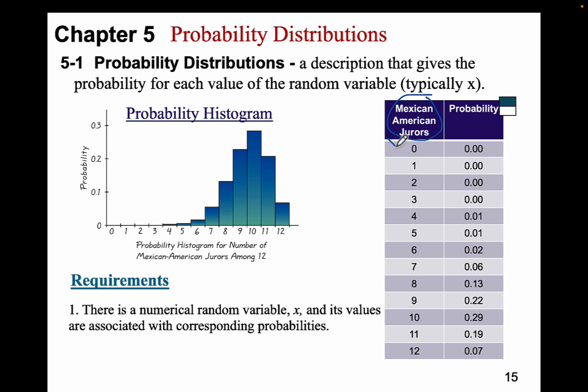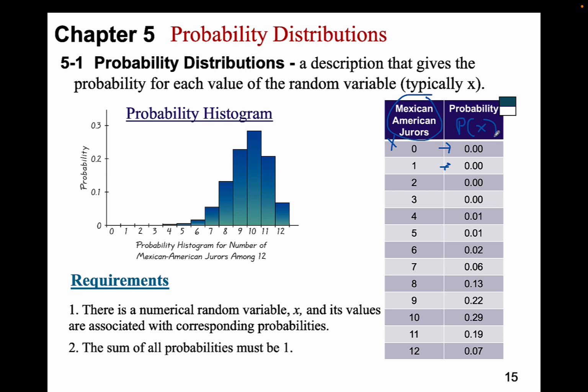These are the x's. And it covers all possibilities, 0 to 12, and each one has a corresponding probability. Second column is all the corresponding probabilities, which would be noted as the probability of x. Okay, so first requirement is met.